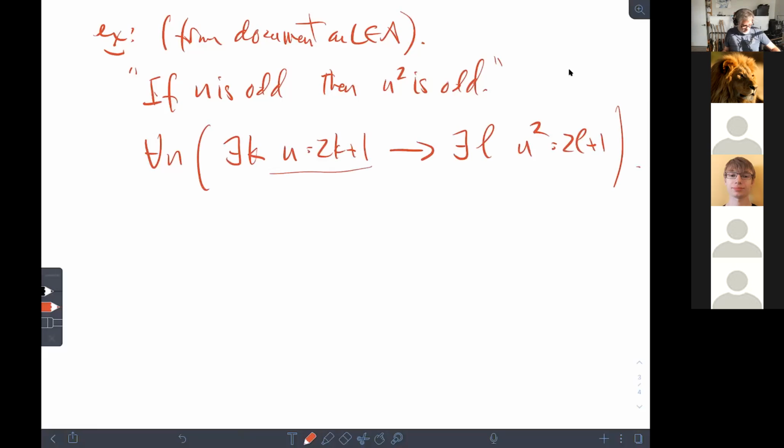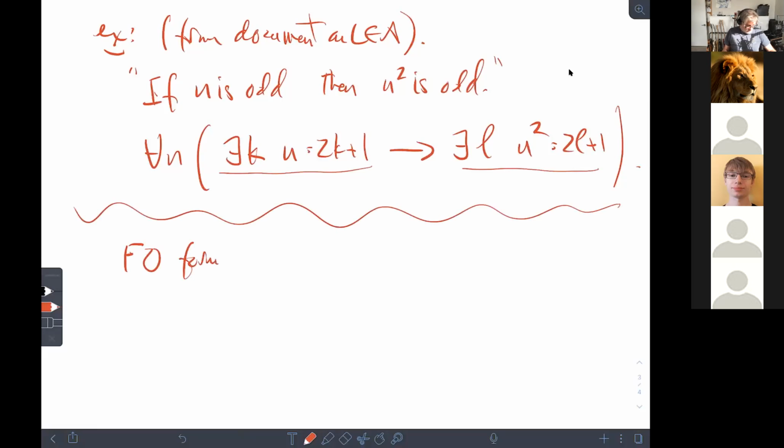Notice this is a proposition, and this is a proposition. They are connected by implication, if then, and the whole thing is universally quantified for all n, okay? So that's a first order formula. First order formulas involve only the given predicates, which are given.